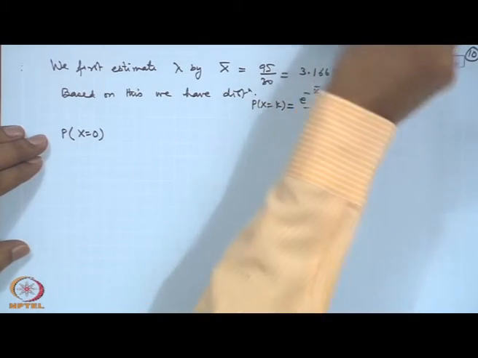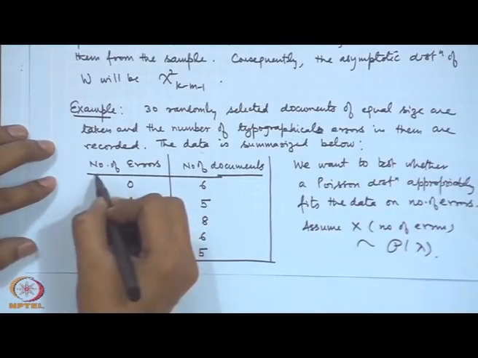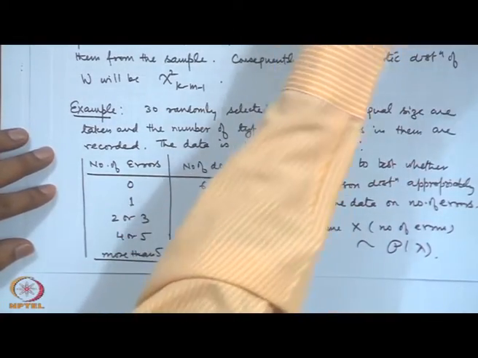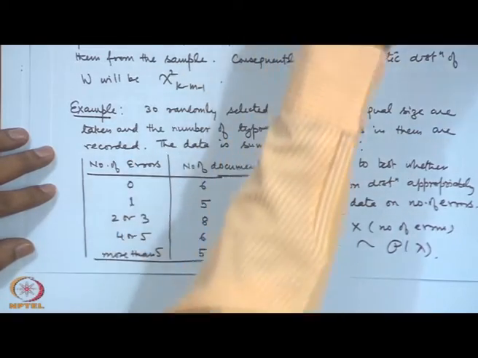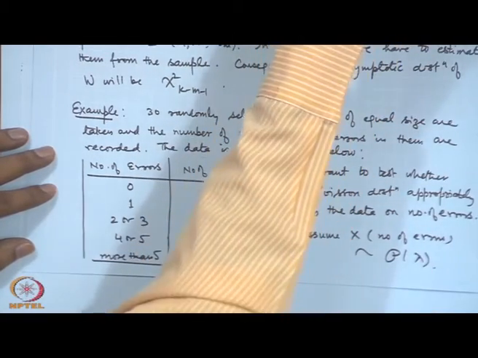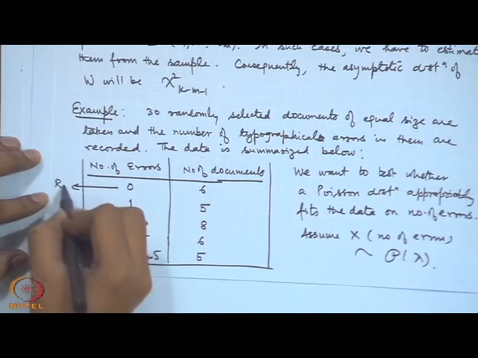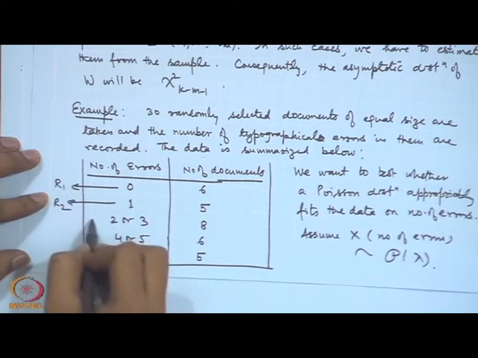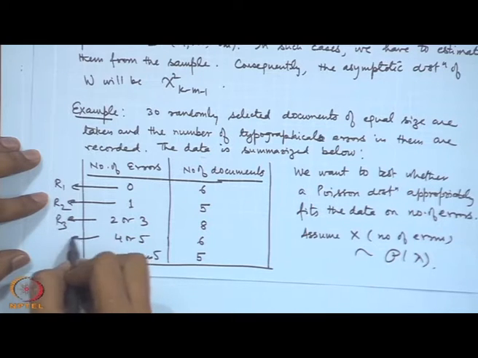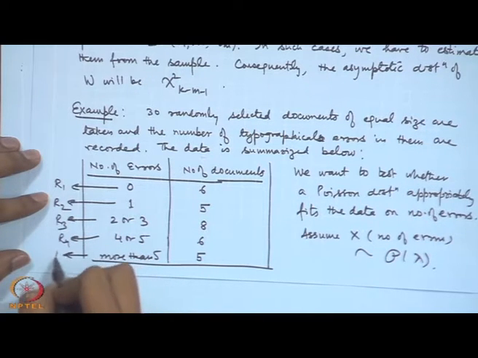See, these are the groups here. Like I mentioned in the very first one, we divide into k mutually exclusive regions. So, this is region 1, this is region 2, this is region 3, this is region 4 and this is region 5 here.